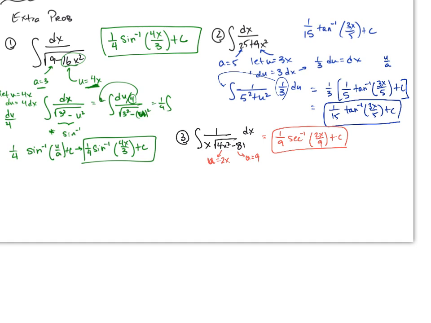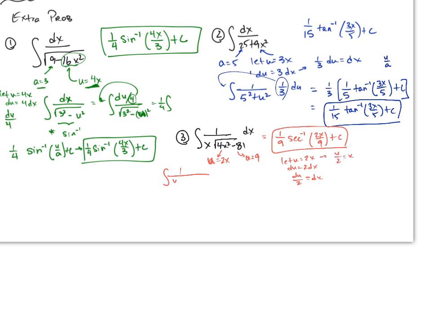All right, so working this out, if we let u equal the 2x, du will be 2 dx. So du over 2 is your dx. So that means we're going to have a constant there. So I can rewrite this whole thing right now to be 1 over, and x, if I solve this for x, is u over 2.